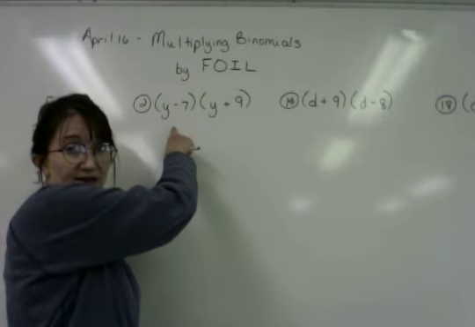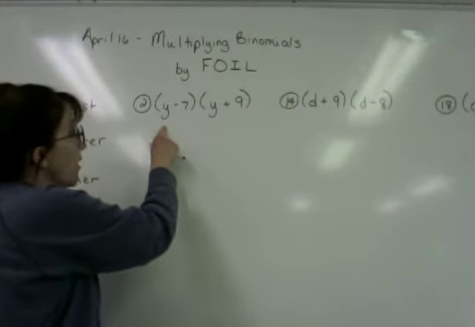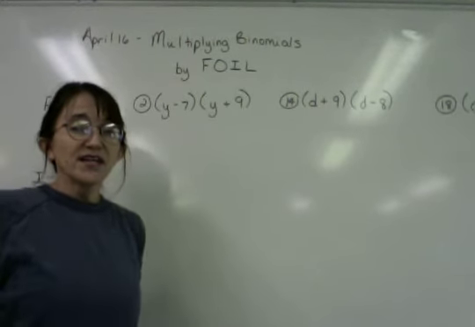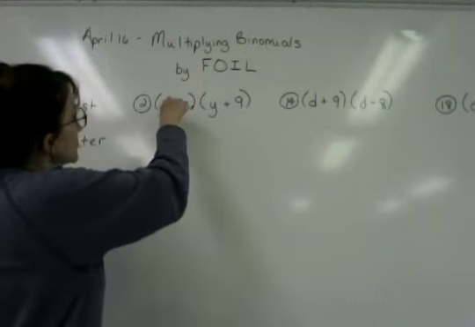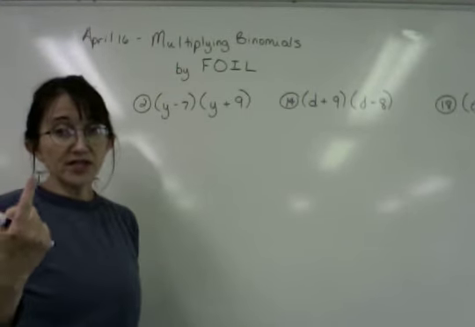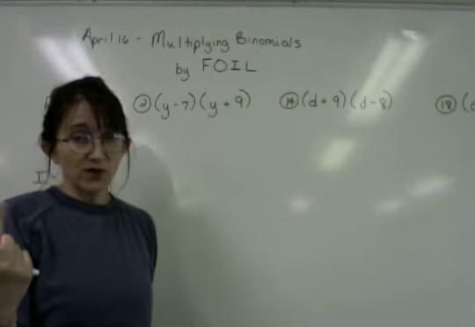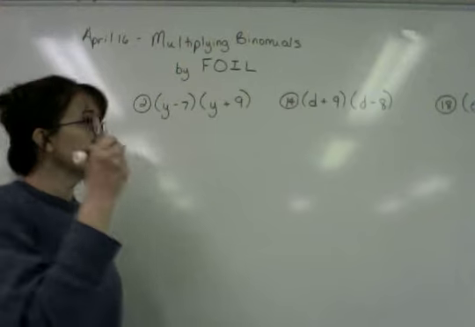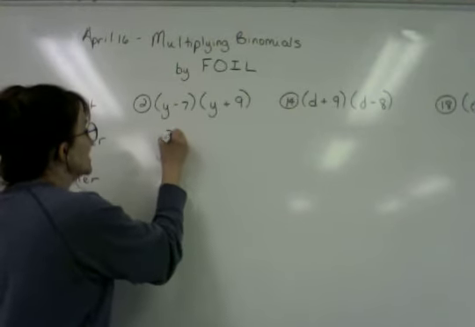So F, I'm going to multiply y to y. Remember, when I'm multiplying 2 variables together, technically those little exponents are adding together. Y has an exponent of 1, this y has an exponent of 1, so those 2 exponents add together to make y squared.